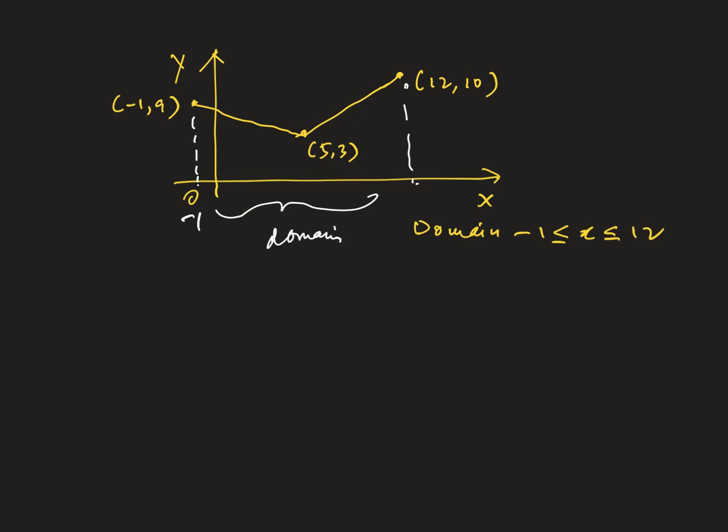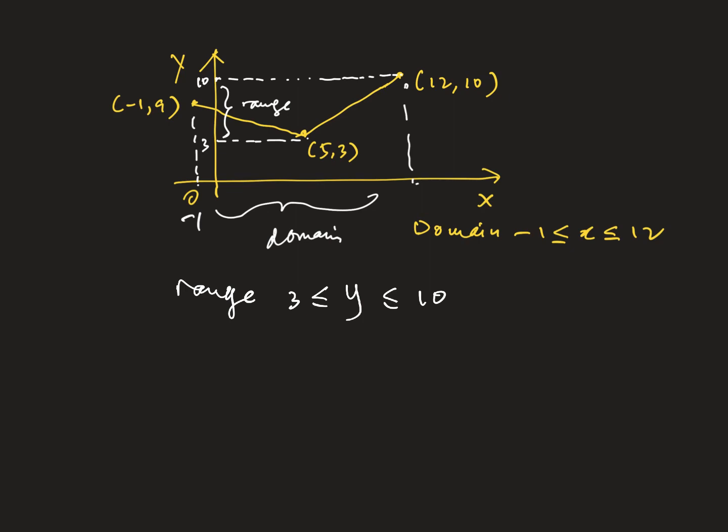And all the possible images for this domain fall between the lowest point, which is 3, and the highest point of the image, which is 10. So this is the range for the given domain. So the range is between 3 and 10, inclusive of 3 and inclusive of 10.